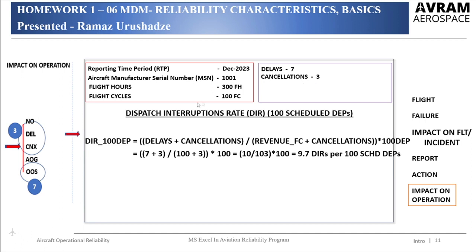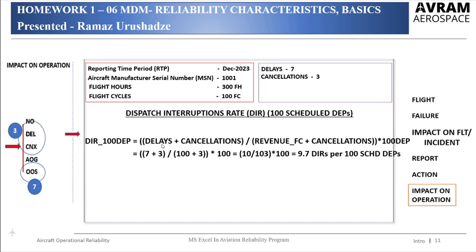We have to calculate dispatch interruption rate per 100 scheduled departures. In numerator, we have sum of delays and cancellations, and denominator, we have revenue flight cycles plus revenue cancellations, and all these we multiply by 100 departures.